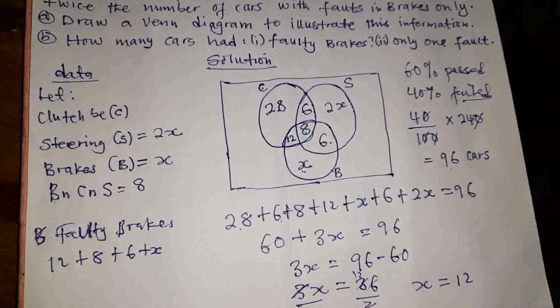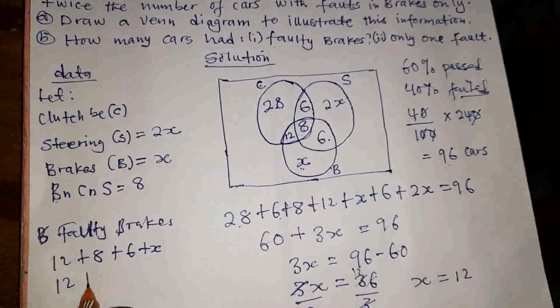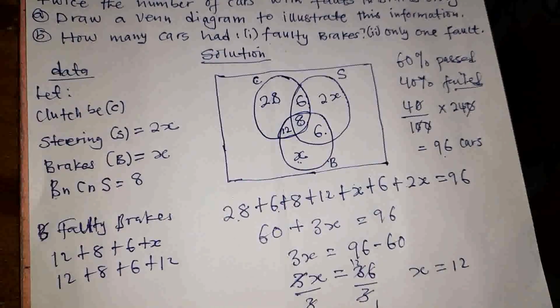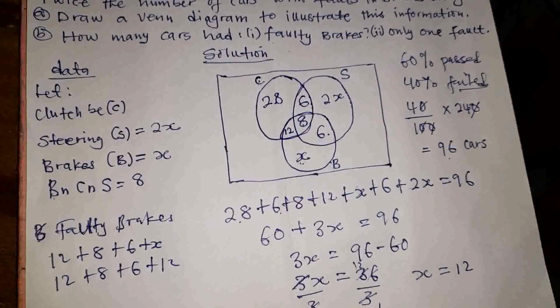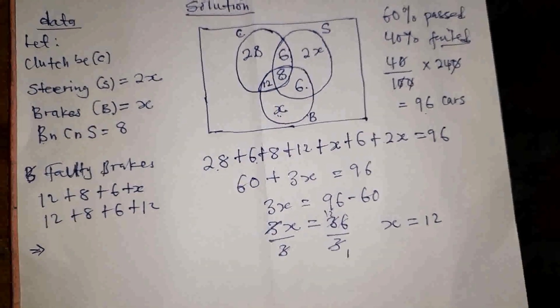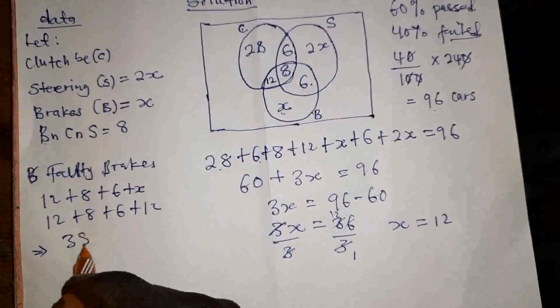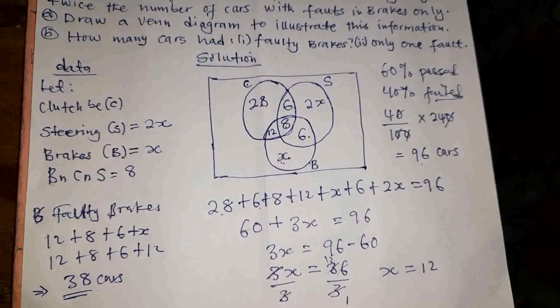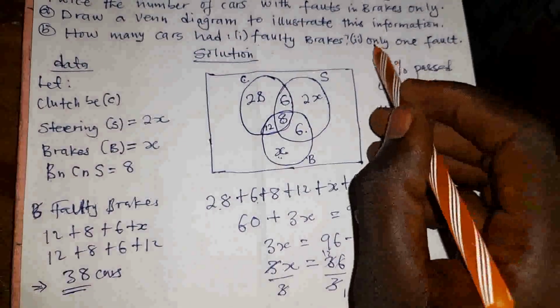But we know x is 12, so this is 12 plus 8 plus 6 plus 12. This is going to give us 38 cars.